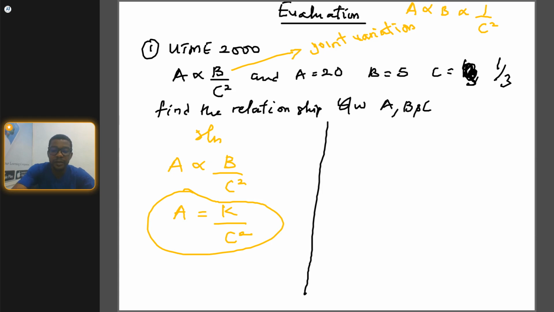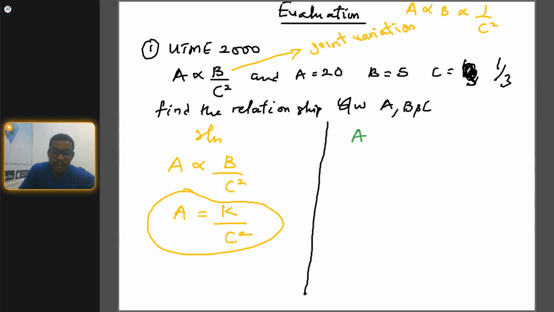You already have 20 as A, B is 5, and C is 1 over 3. You need to substitute those values in it.